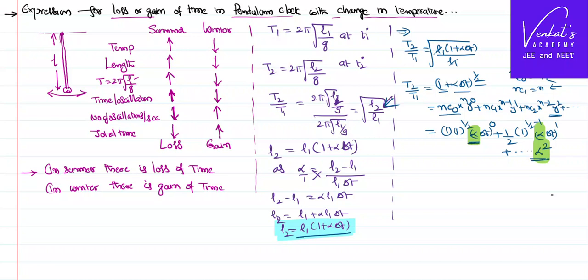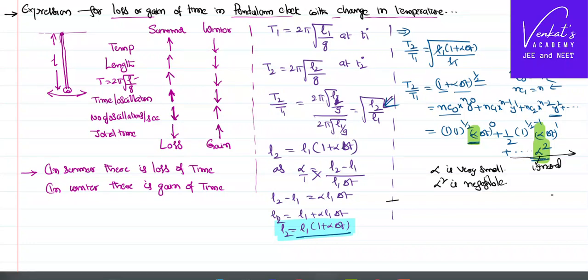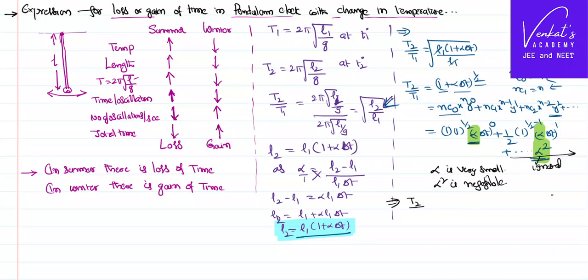Alpha itself is very small for any given solid material, like for iron, 11 into 10 power minus 6. Alpha square becomes very small and negligible. So I can ignore these further terms.